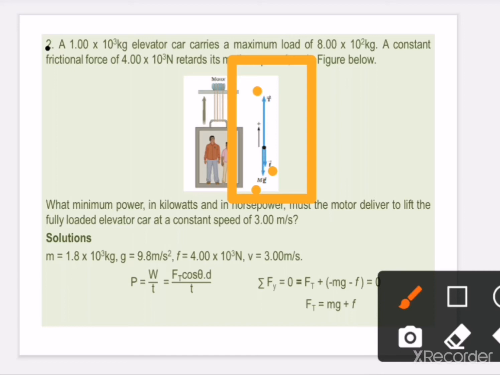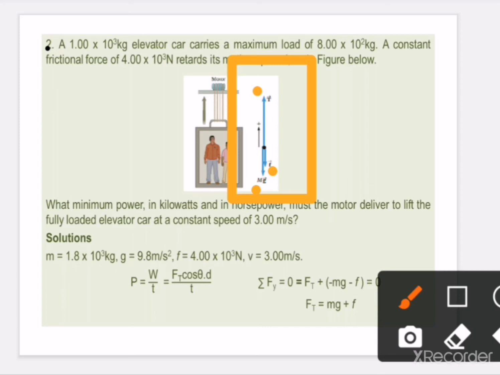Then the question is asking what minimum power, in kilowatts and in horsepower, must the motor deliver to lift the fully loaded elevator at a constant speed of 3.00 meters per second?